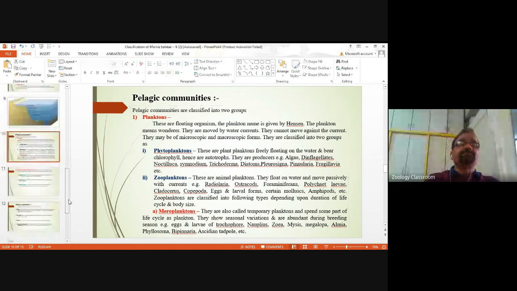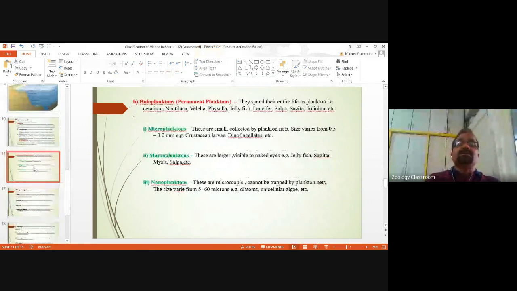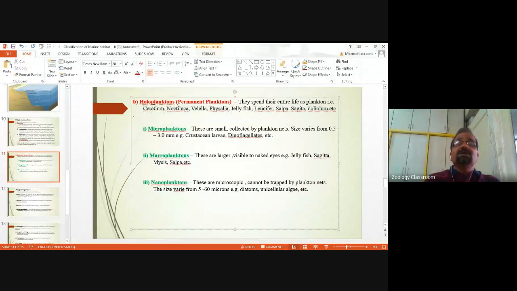Now, the next category of zooplankton are the holoplanktons, or the permanent planktons. They spend their entire life as planktons. These are Ceratium, Noctiluca, Velella, Physalia, jellyfish, Lucifer, Salpa, Doliolum, and Sagitta, which is a minor phylum.